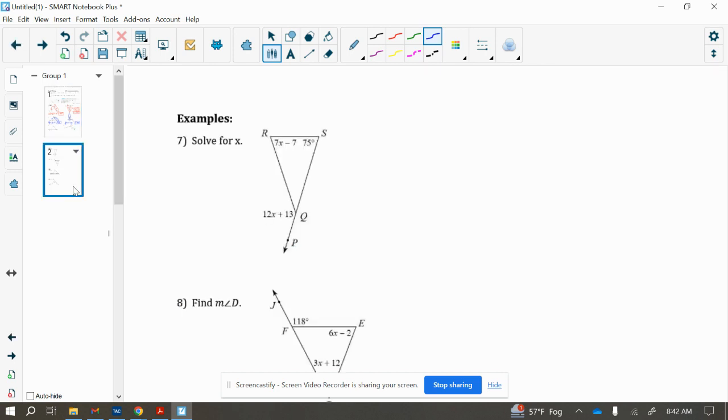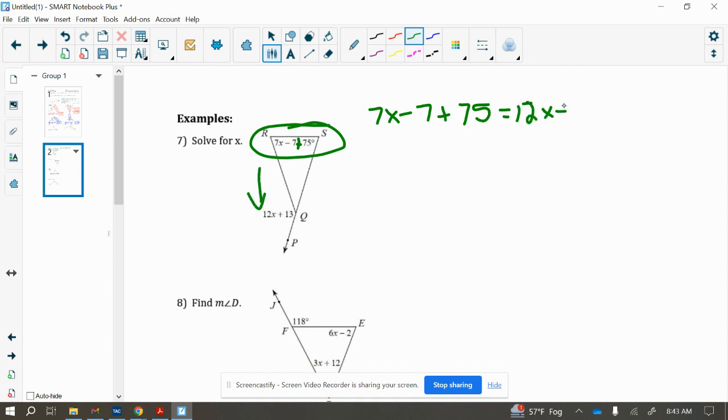Now, again, we can also use this information to help us algebraically set up and solve. So in this particular one, they are giving us our two remote interior angles that we need to add together. So 7x minus 7 plus 75 is going to equal the exterior angle, which in this case is 12x plus 13. So as we start solving this time, we are going to combine negative 7 plus 75.